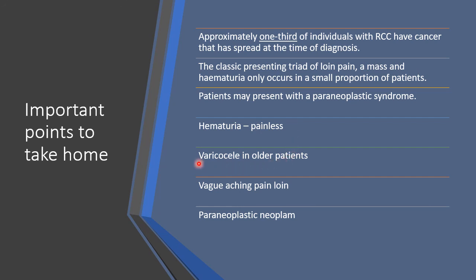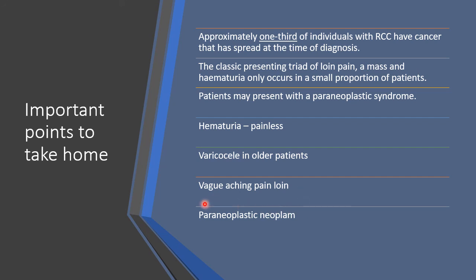In a small percent of older patients, the presence of varicocele on the left side should arouse suspicion as to the possibility of tumor involvement of the left renal vein. Vague abdominal pain, especially in the loins, must be seriously considered and ultrasound considered for this patient to rule out renal cell carcinoma.